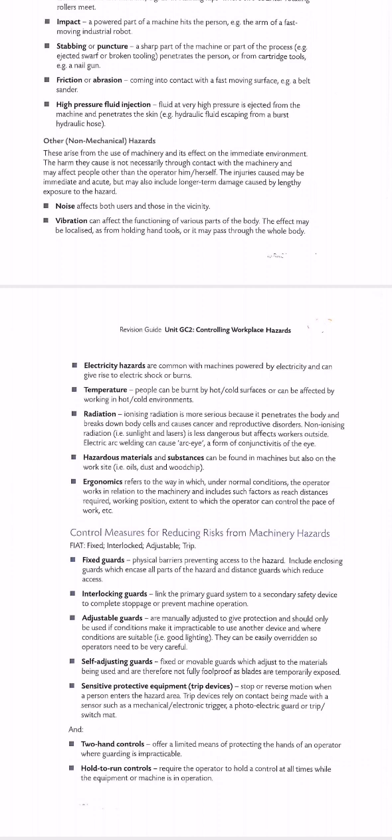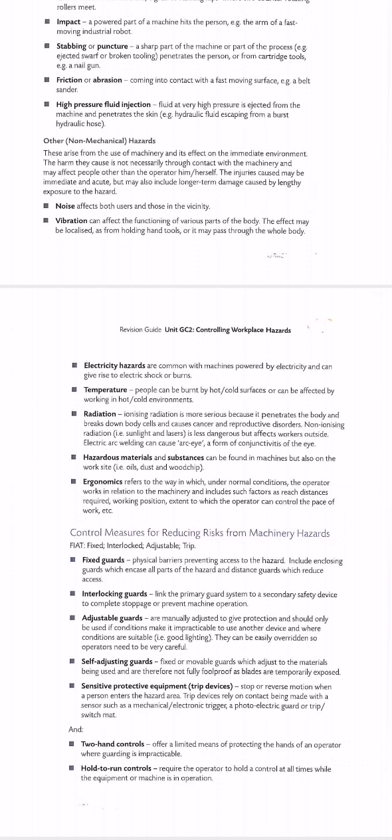So what are the non-mechanical hazards? Let's say noise. Noise affects both the user and everybody in the vicinity. Then vibration also can affect the function of various parts of the body. The effects may be localized, from holding hand tools, or may pass through the whole body, right?